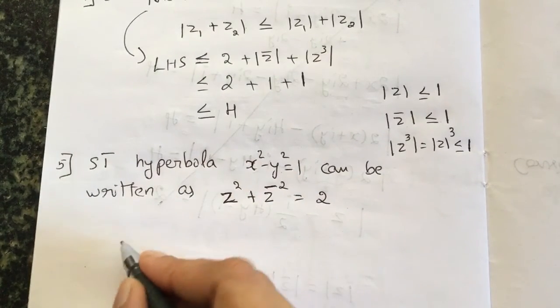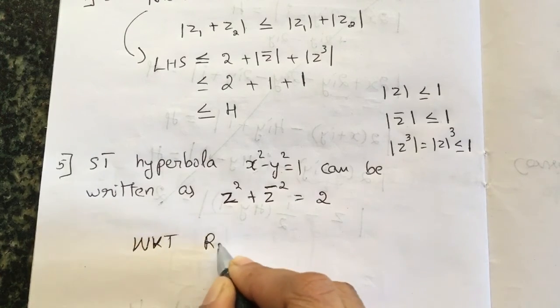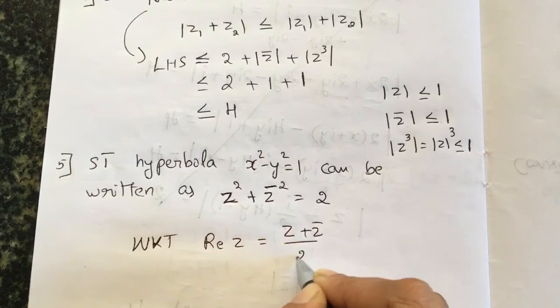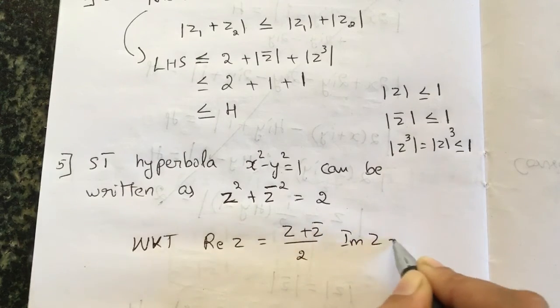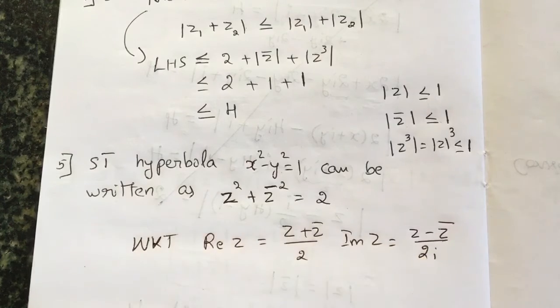So what we know is, real part of z is nothing but z plus z bar by 2, and imaginary part of z is z minus z bar by 2i, right? This is nothing but x and this is nothing but y.